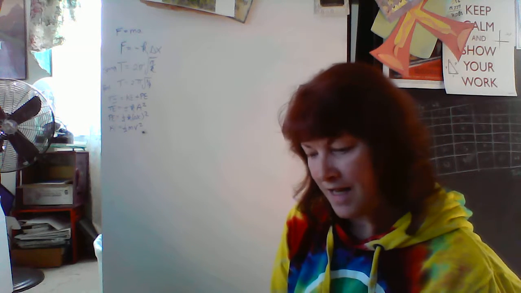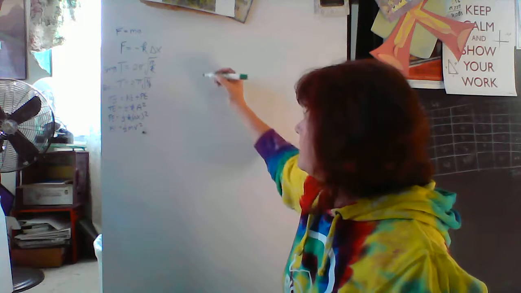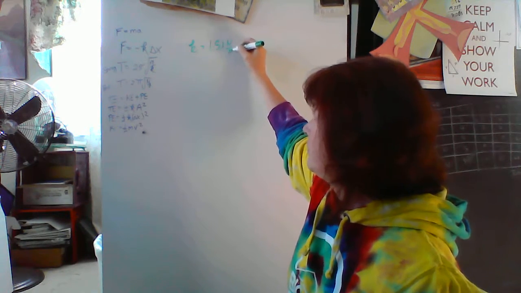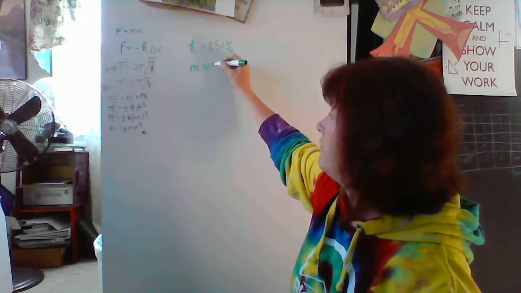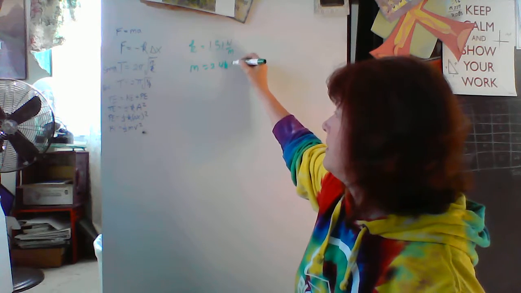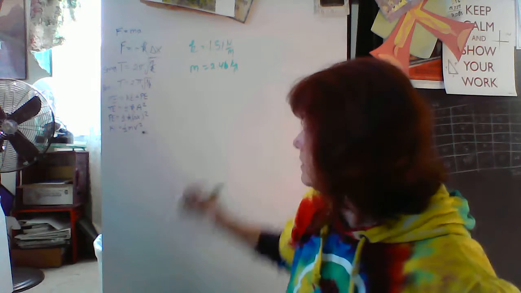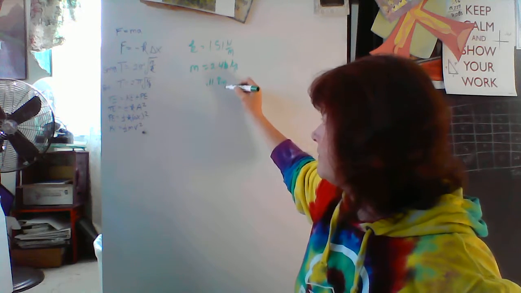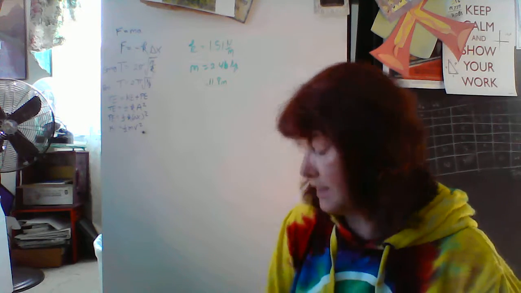We're going to do number 8, which says that a spring with a spring constant of 1.51 newtons over meters has a 2.46 kilogram object hanging on it, and the object is pulled 11.8 centimeters. I'm going to go ahead and just convert that already. It's pulled 11.8 centimeters from its equilibrium point.